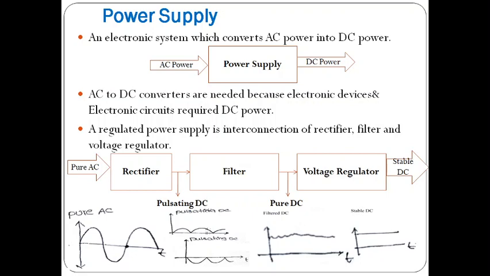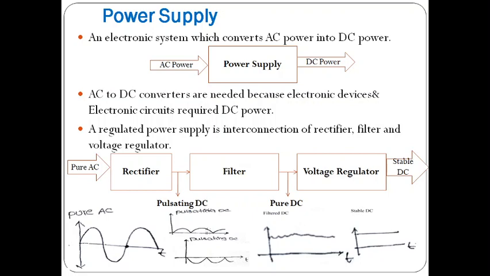In this voltage regulator circuit, we use Zener diodes. So the major application of PN junction diode is rectifier, and the major application of Zener diode is voltage regulator. You can observe each block in the power supply and each block's output.